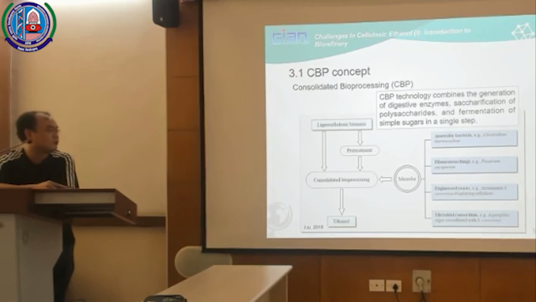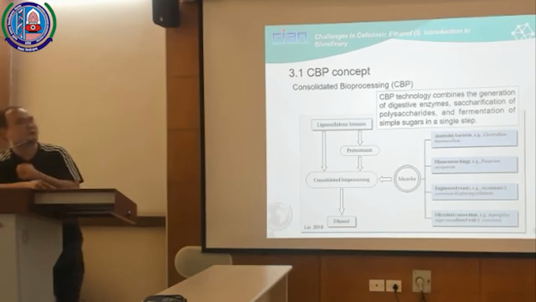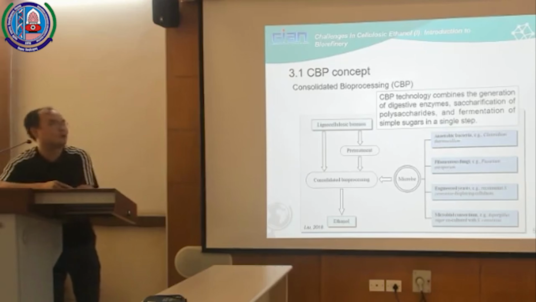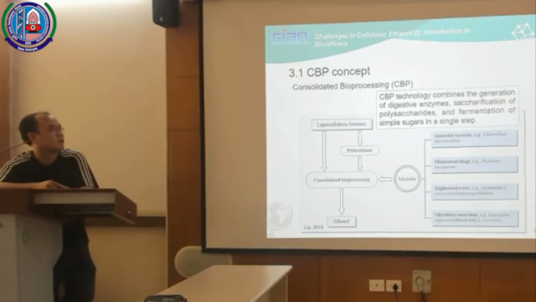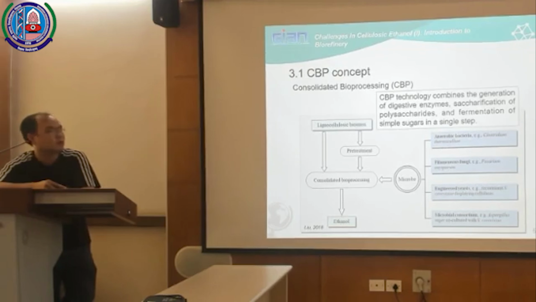For pure cellulose, there is no pretreatment, but for lignocellulosic biomass, there is a pretreatment. All of the materials can be deposited into the consolidated bioprocessing. And for the microbes, we have three different types. The first type is natural microorganisms, including bacteria and fungi.